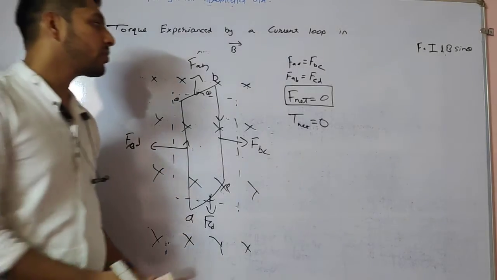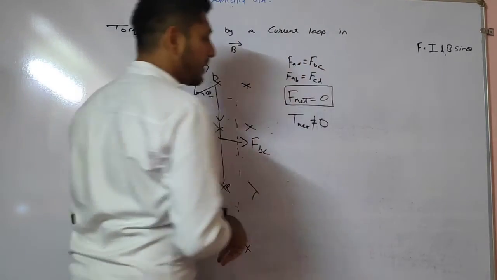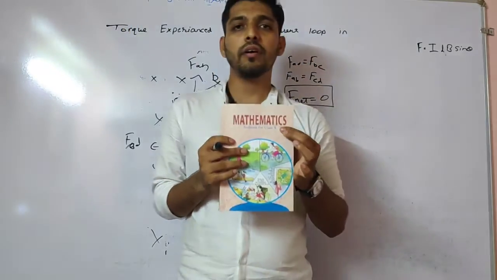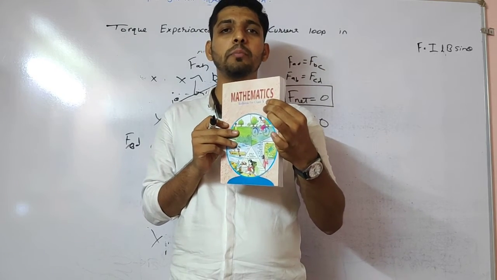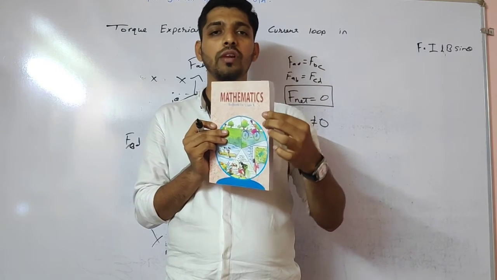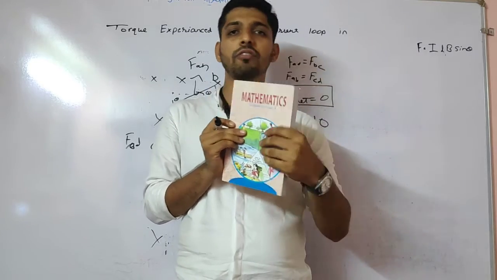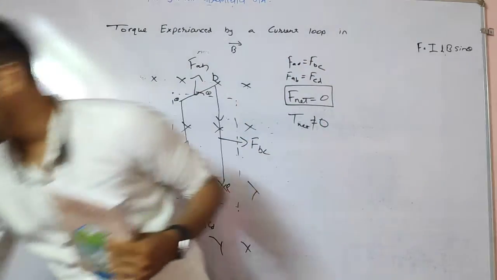But your net torque will not be equal to 0. I'll explain how. We had this book, and we have rotated it by some angle. One force will act in this direction and one force will act in this direction.